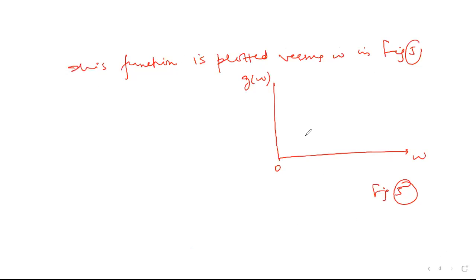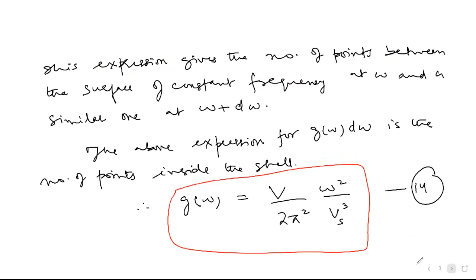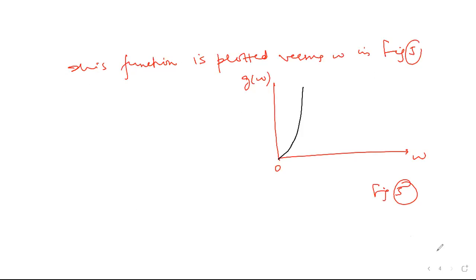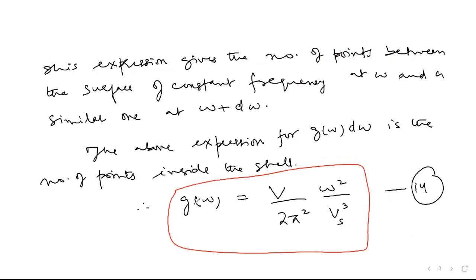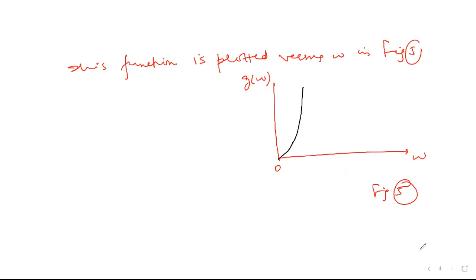Equation 14. You get the parabola, right? So we are plotting this density of states given by equation 14 versus omega. As you see in this equation 14, g of omega is related with omega square.